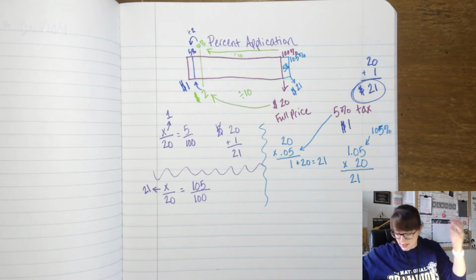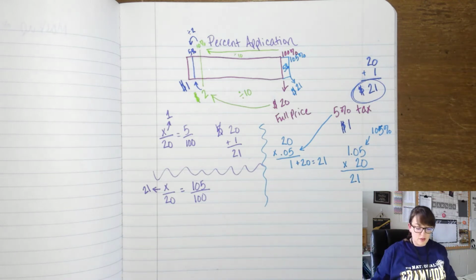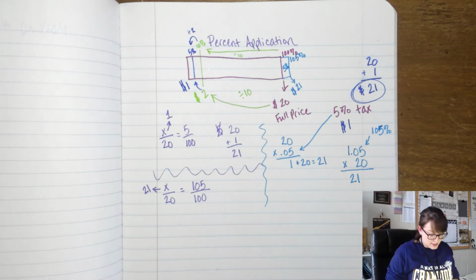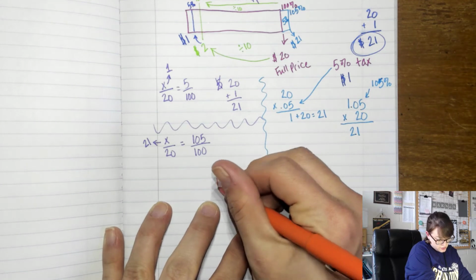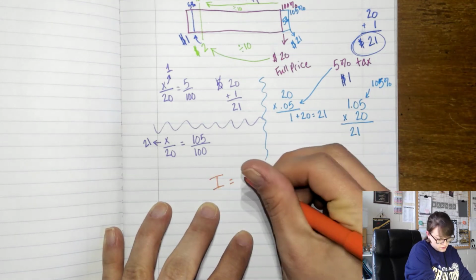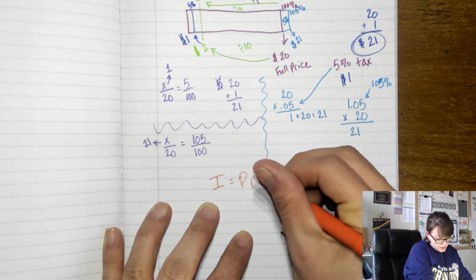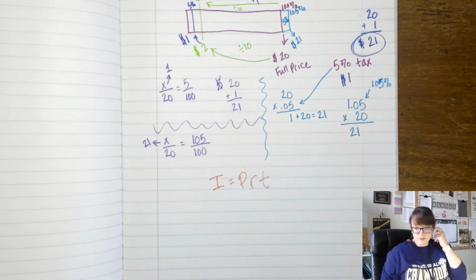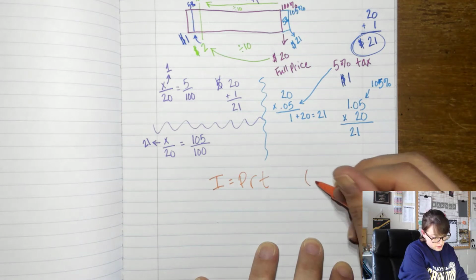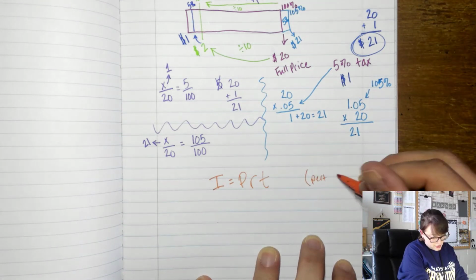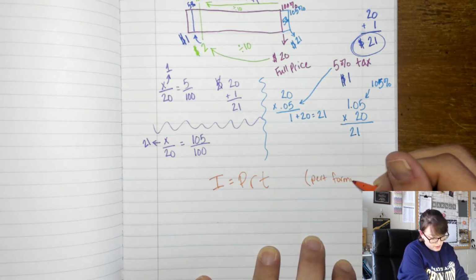Now, on top of all of this, we need to talk about interest. So, I equals PRT. This is the PRT formula.